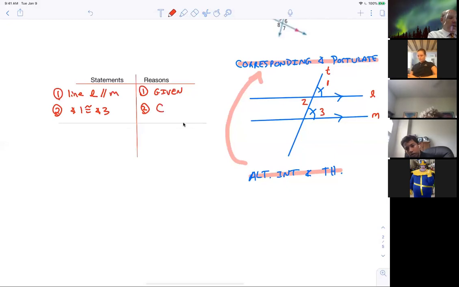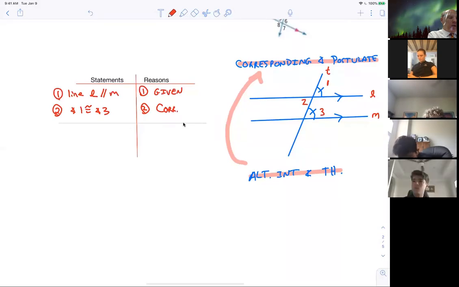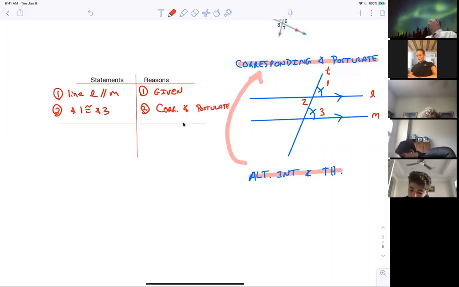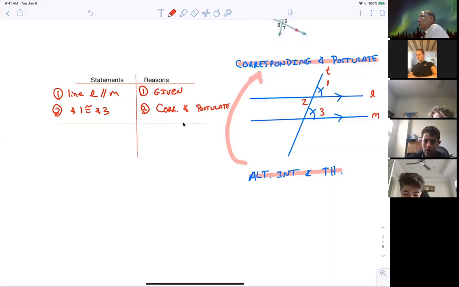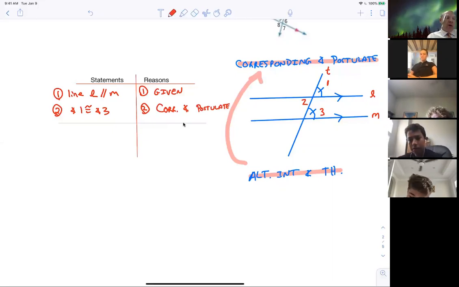Yes, because it is a corresponding angle postulate. It's the only one that is a postulate. You're going to use that postulate to prove all the other theorems. Any issues? Okay.